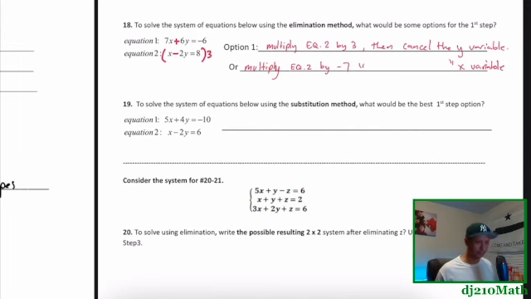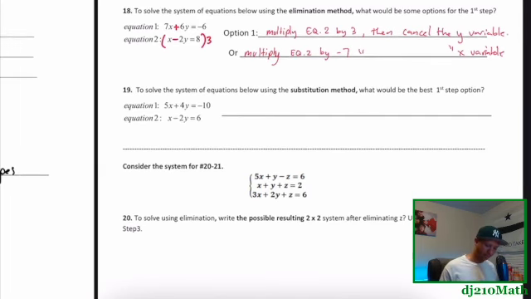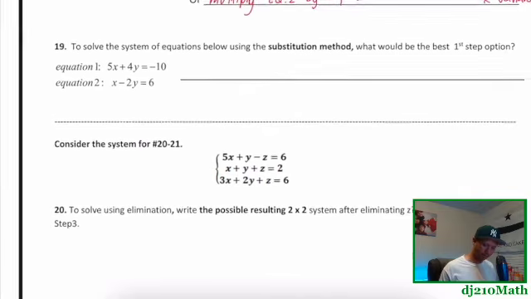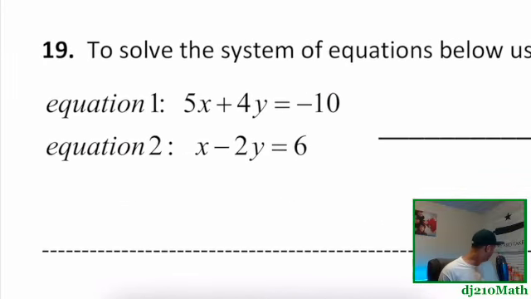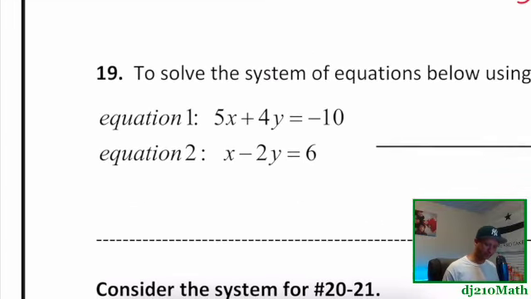If we're doing the substitution method, what would be the best first step? Subtract 2y. Okay, so look, the thing we're looking for is, is there a variable all by itself? Yeah, it is. It's right here. X is all by itself. So that's the thing I'm going to try to isolate. So I have to add 2y to both sides.